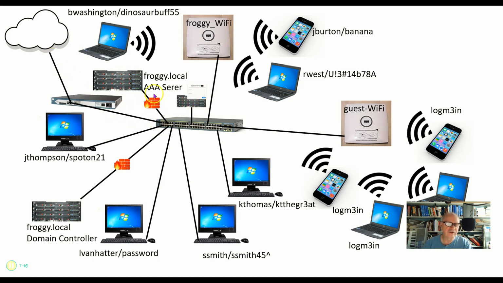Now, they still have no access to the AAA server or to the domain controller, but this little server, which is in a sense a AAA server as well, allows them onto the network after they've proven they are who they say they are, or at least acknowledged that they aren't going to do anything that they're not supposed to do.